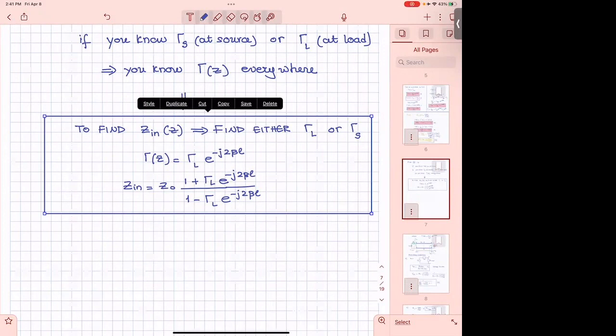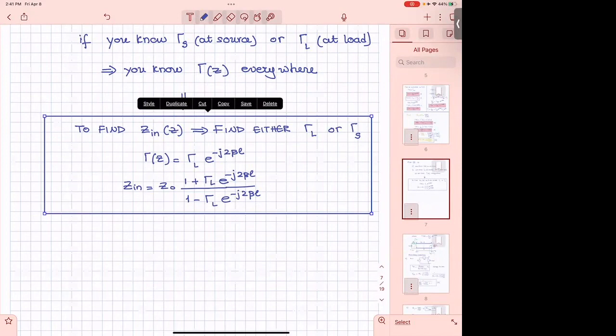All right? At this point, I'll stop. And then next time, having this, we are going to be able to solve the input impedance everywhere for every load. And then we'll see some interesting things, especially for the matched load, of course, which is 0. What happens if gamma L is 0 from here?